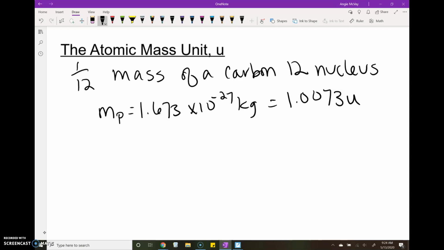And so with that, you can turn atomic mass units into kilograms if you just do a little bit of math. For 1 atomic mass unit, you take the mass of a proton divided by its mass in atomic mass units, and you get that the atomic mass unit is 1.66 times 10 to the negative 27 kilograms.